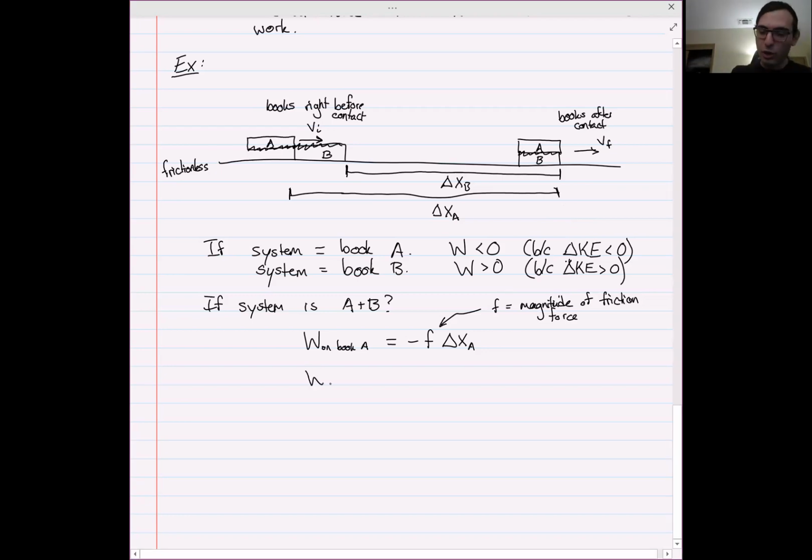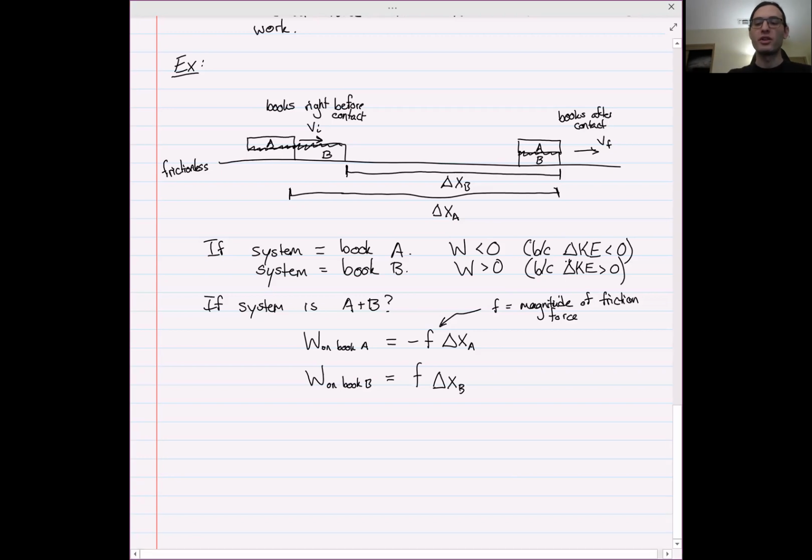The work on book B is similar. Friction acts for the entire distance it travels. The work on book B is positive. It's F times delta XB. The friction is being applied the entire time that it's moving from the initial to the final position, and it has magnitude F. In this case, it's pushing it in that direction.